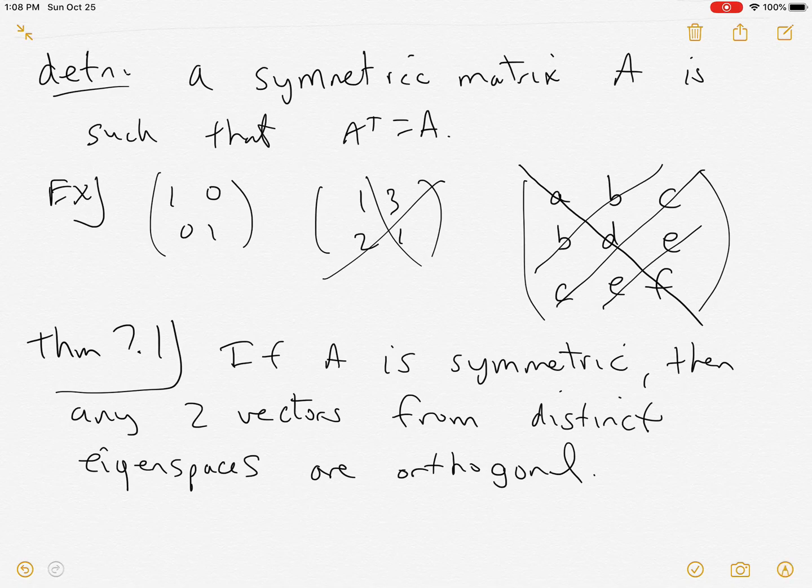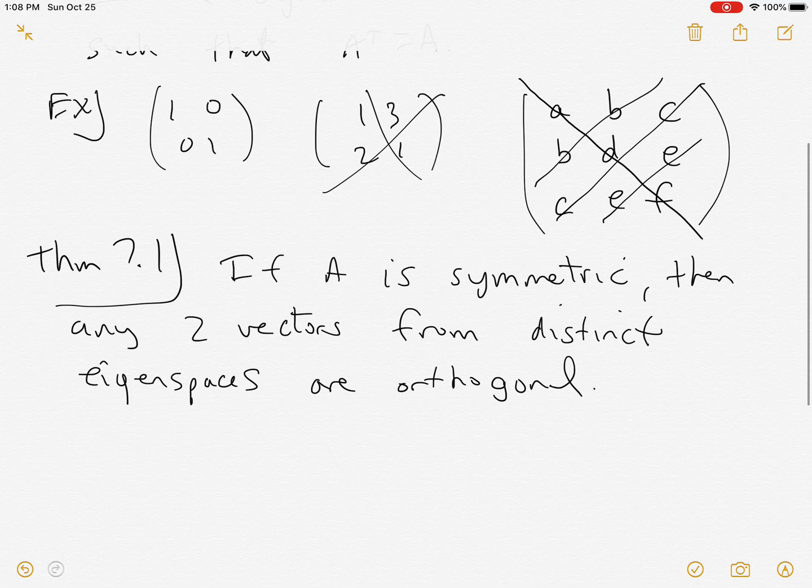Okay. And I'm going to go through this example a little more in depth than the book does because I think it's important to see how this plays out.